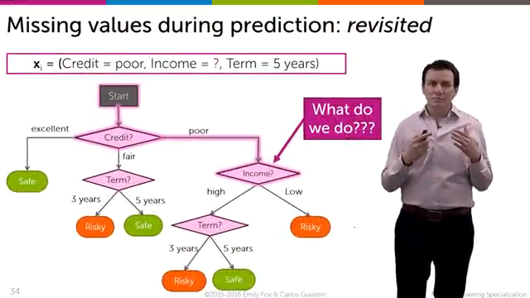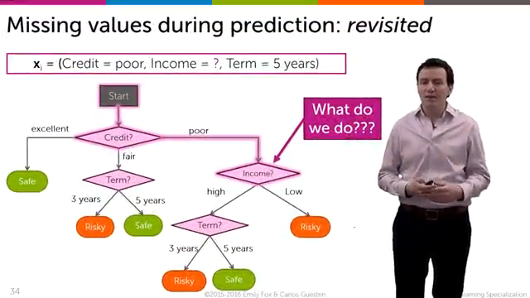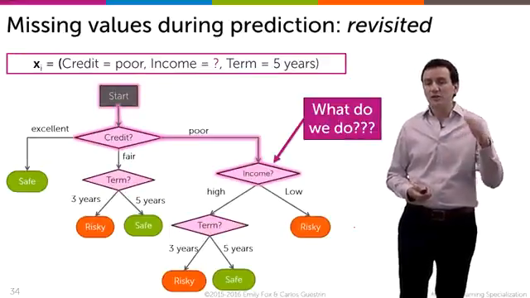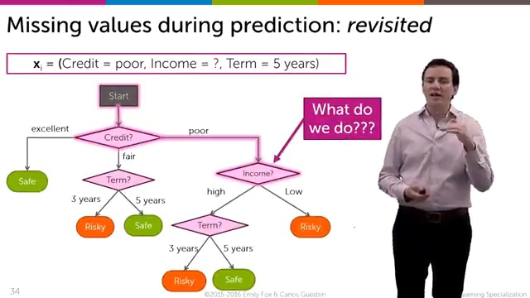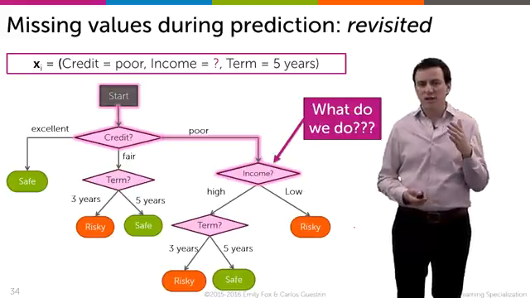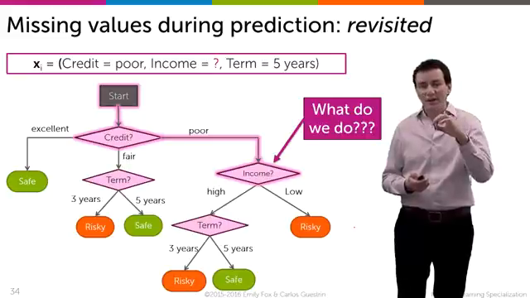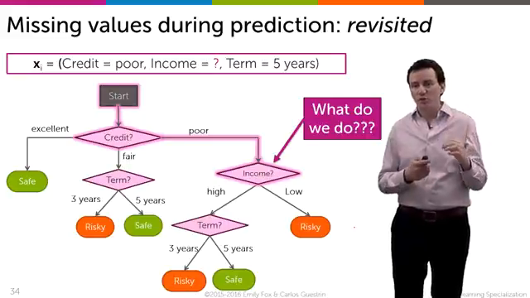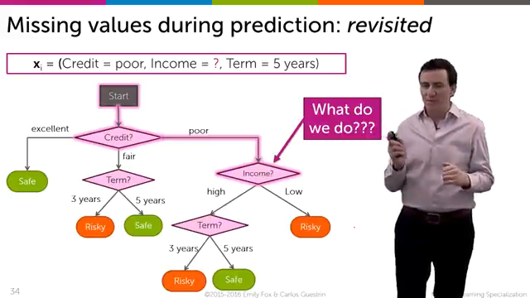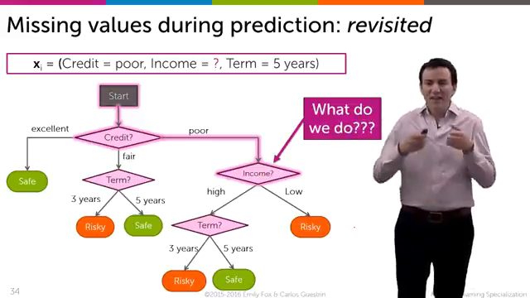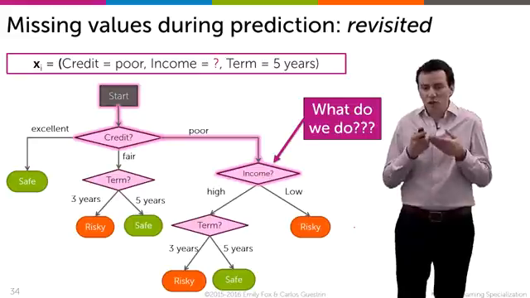So, how are we going to deal with missing data? Let's try to understand a little better what happened in the context of decision trees. I had this input xi where the credit was poor and the income was unknown. I go down the decision tree, I hit credit poor, so I take the poor branch, and then I hit income, but income was unknown.